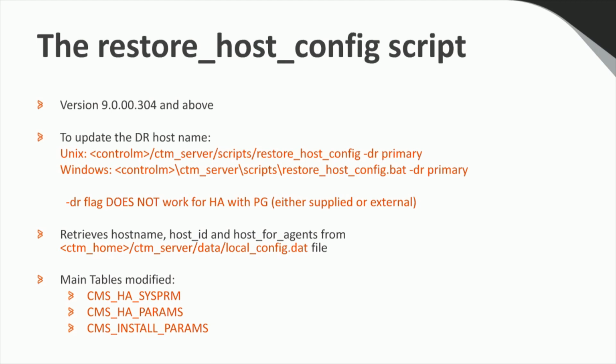In this case, we will use the -dr primary option, which updates the Control-M server database with the hostname of our primary or DR server. In this way, we are able to start the components properly on each of the servers. Here we can see also the location of this script and the syntax to run it.